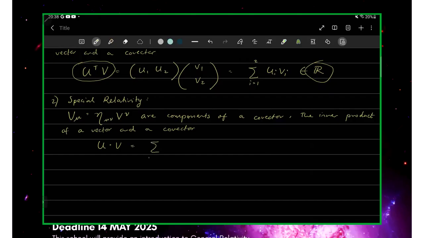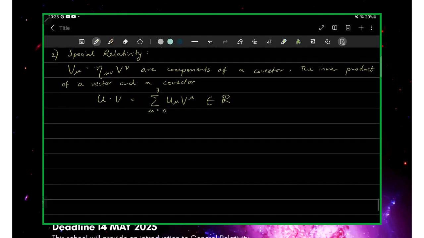And this equals, I mean, we know this already, in special relativity the indices run from 0 to 3 for a 4-dimensional Minkowski space. And you would get the following. And this would also be in R. Again, this would just mean that the covector u_mu maps the vector v^mu to a number u_mu v^mu.